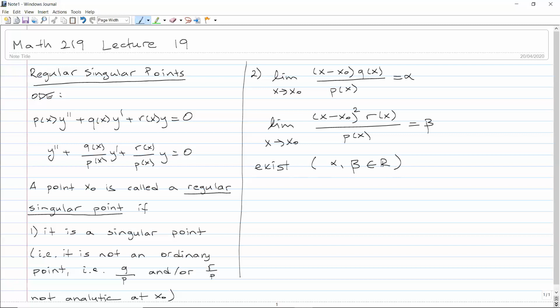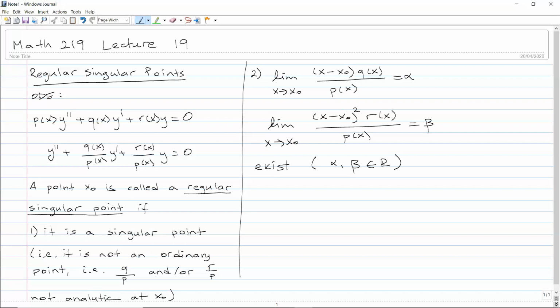So to be a regular singular point, first of all, it has to be singular. I'm going to show you examples. Basically, not analytic. In our examples, this is going to be clear. The functions are not going to be defined at the point x0, so they cannot be analytic. But remember, just for the record, that a function may be defined and it may have all orders of derivatives at a point, but still not be analytic.